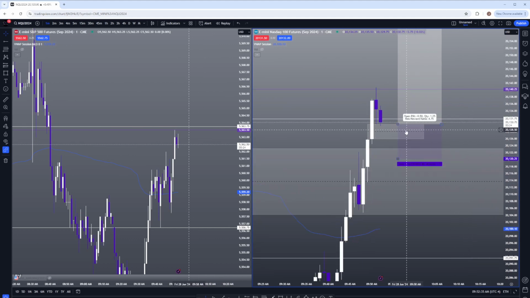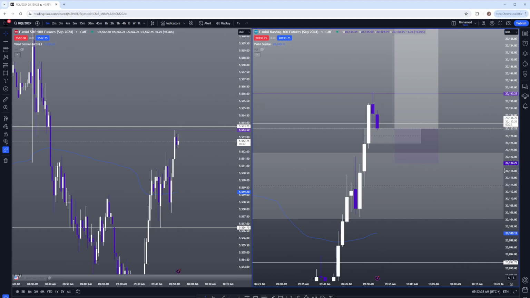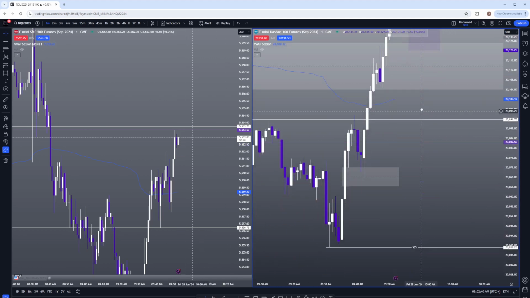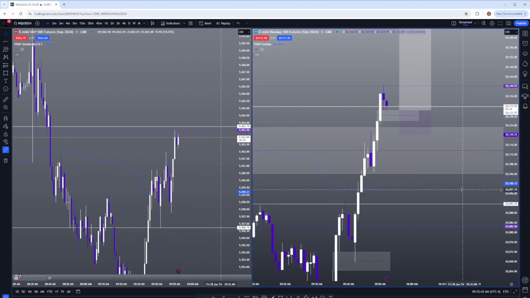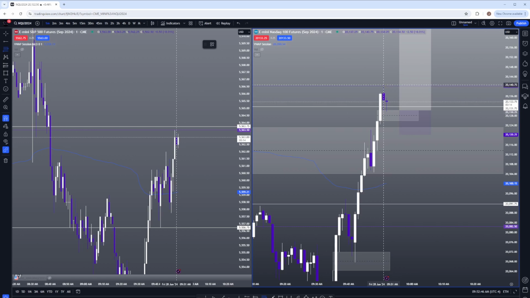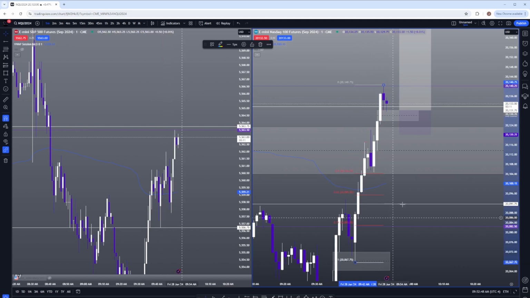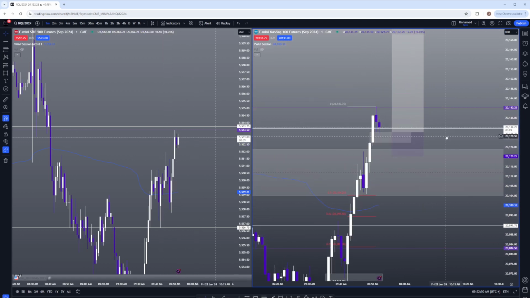But I also want to be careful of us retracing a little bit further down in this range, back to a discount of the range. We can see this swing high to swing low here. We have this 1 minute range.